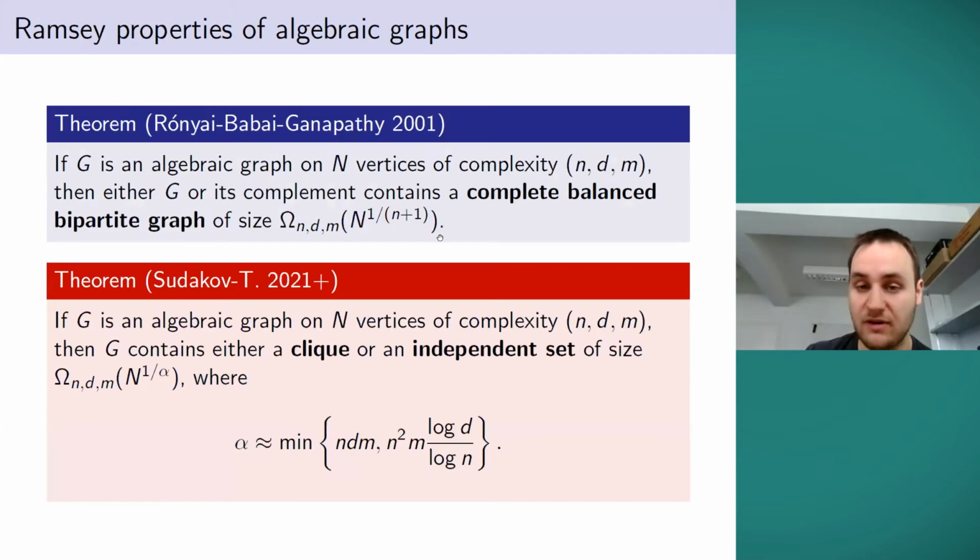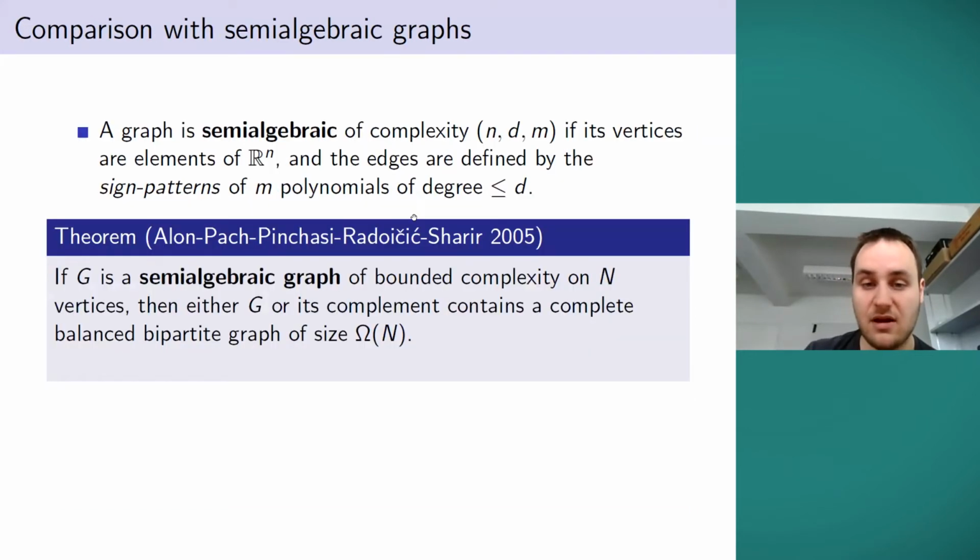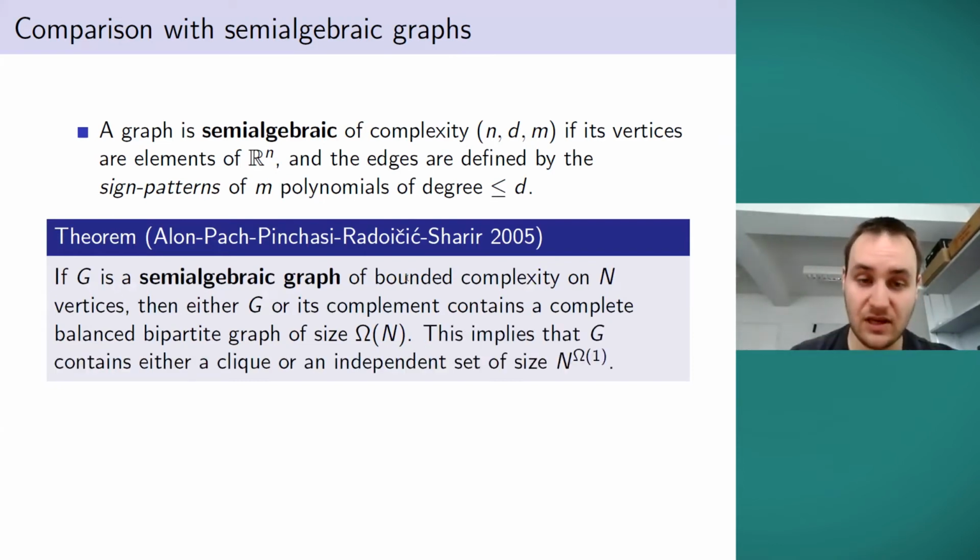Just to compare with the previous result, that theorem only guarantees a polynomial-sized complete bipartite graph. But here, in the case of semi-algebraic graphs, you can actually find a linear size one. And they also argue that this property alone, just containing linear-sized complete bipartite graphs, already implies that these graphs contain cliques or independent sets of polynomial size.